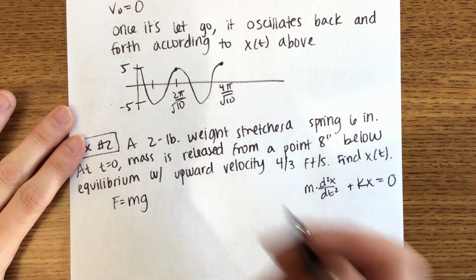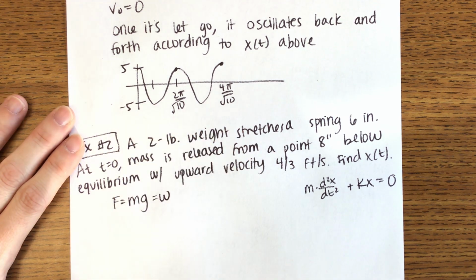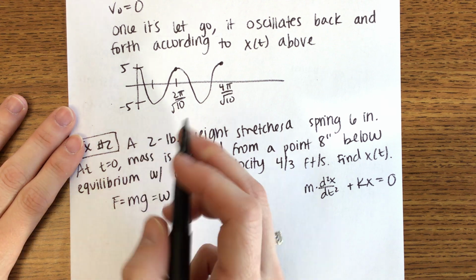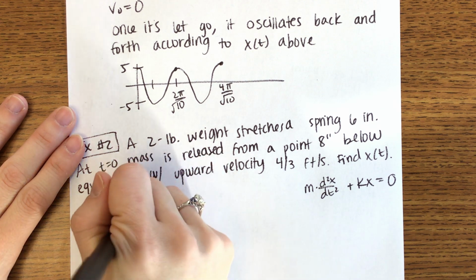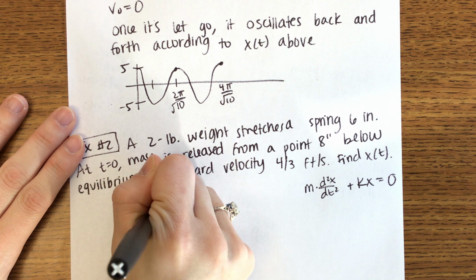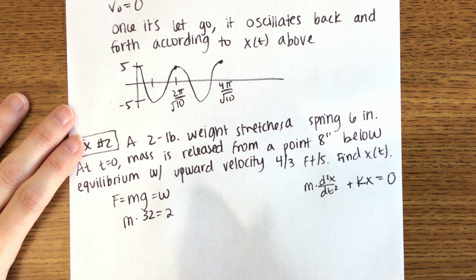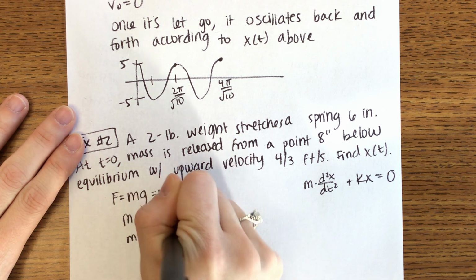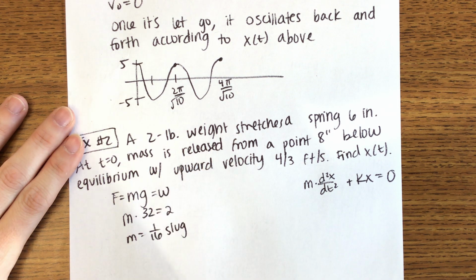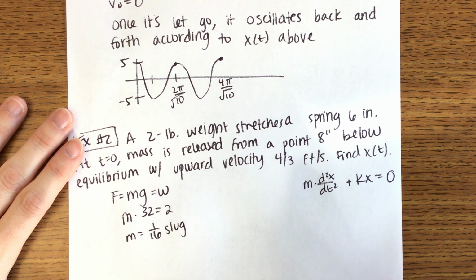And I said sometimes instead of F, we're going to use W for weight. We have the weight here. So our weight of 2 is equal to the mass times g, g is 32. So our mass ends up being 1/16. That's a slug.